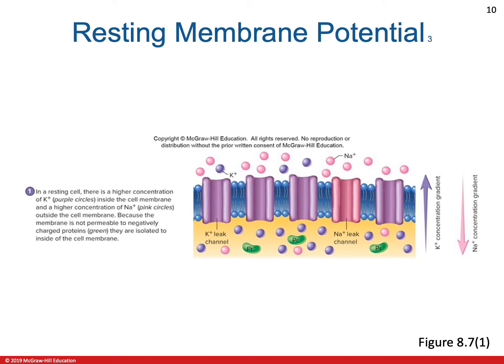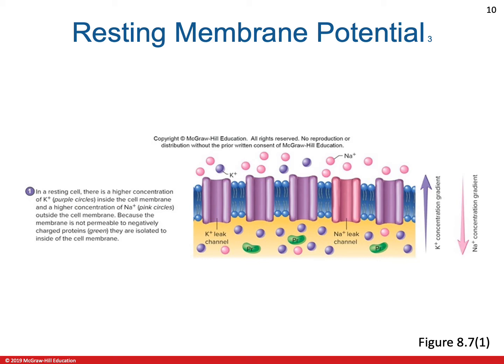So this is the model of your resting membrane potential, RMP. Okay, you can see that both potassium and sodium have leak channels, but it is the potassium that has a greater number of leak channels compared to sodium, right?